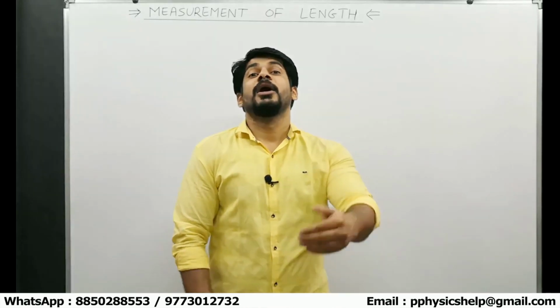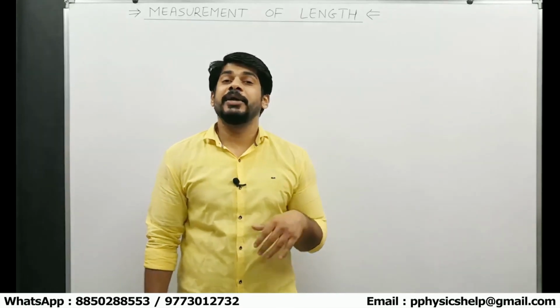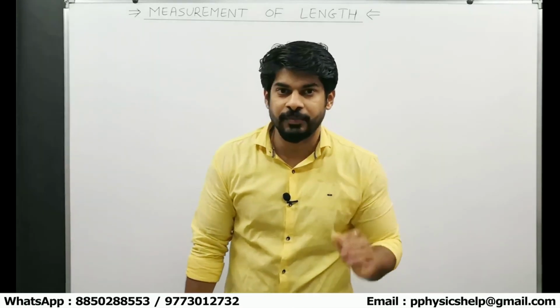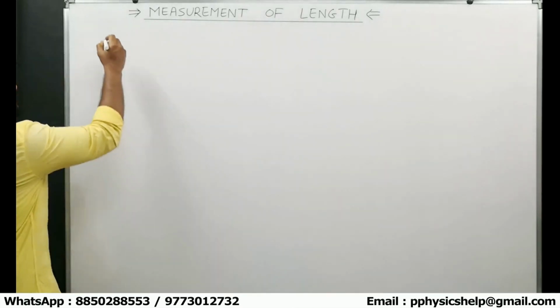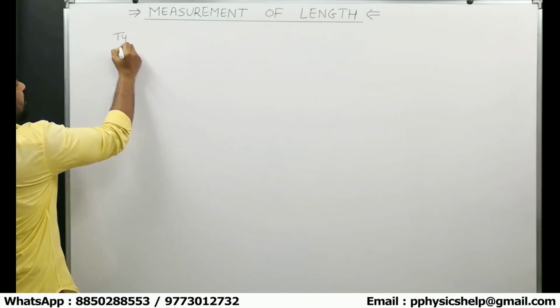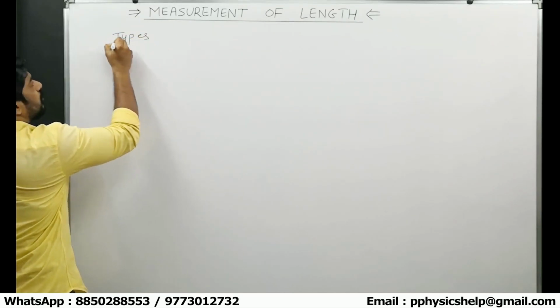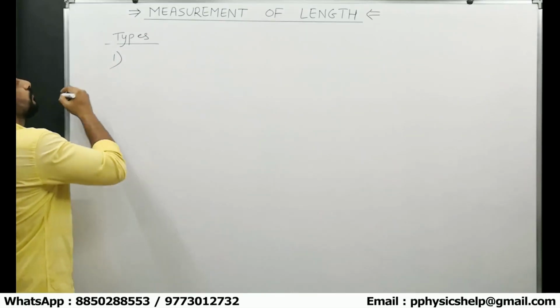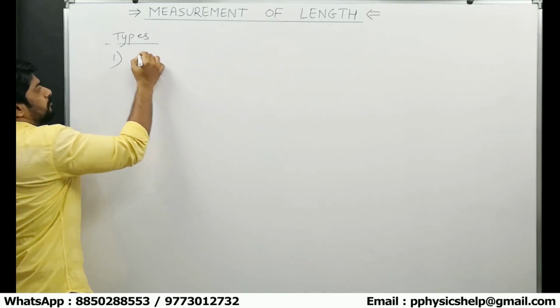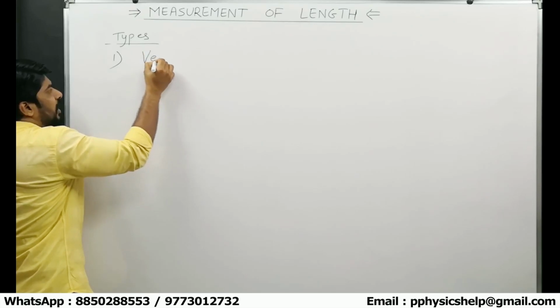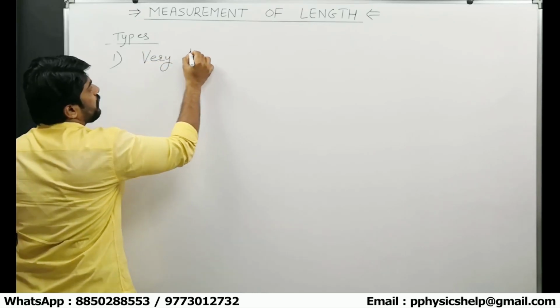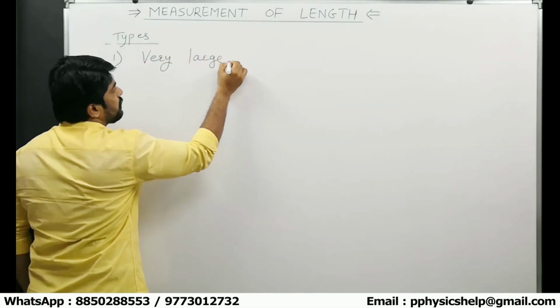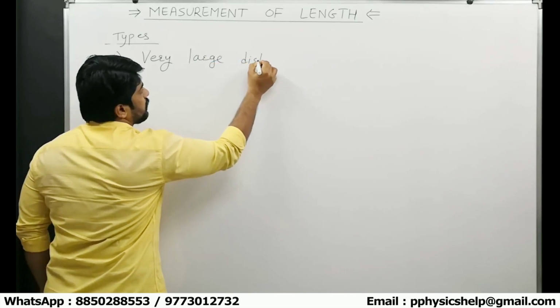So let's start. There are three kinds of lengths that we generally come across. I will write here. The three types are very simple. The first one being the very large distances.